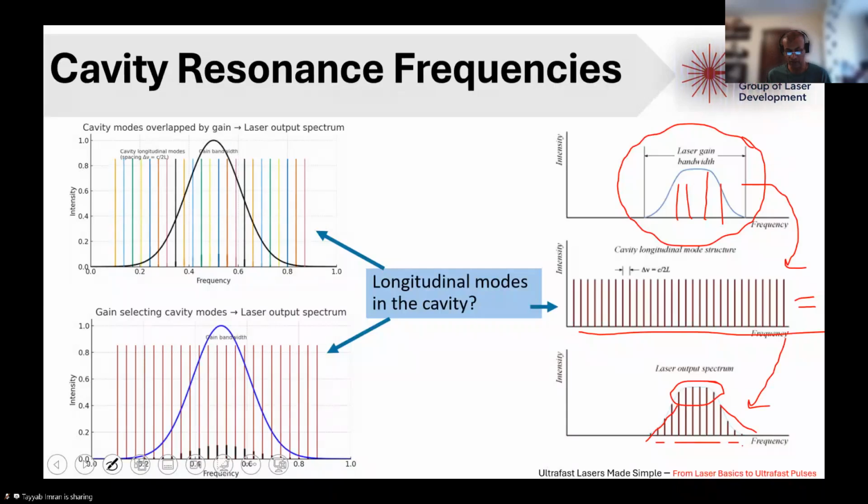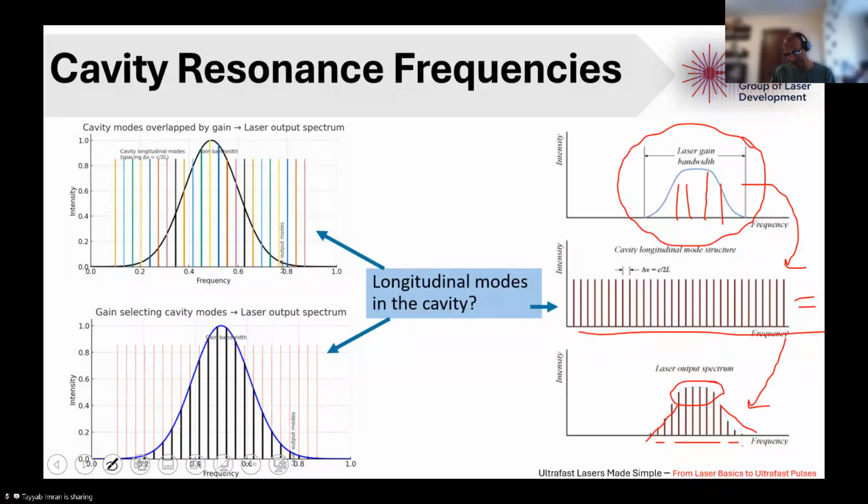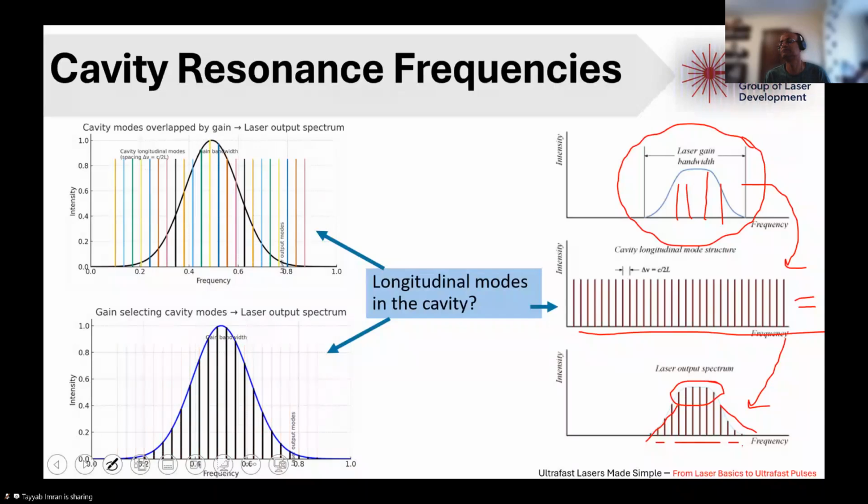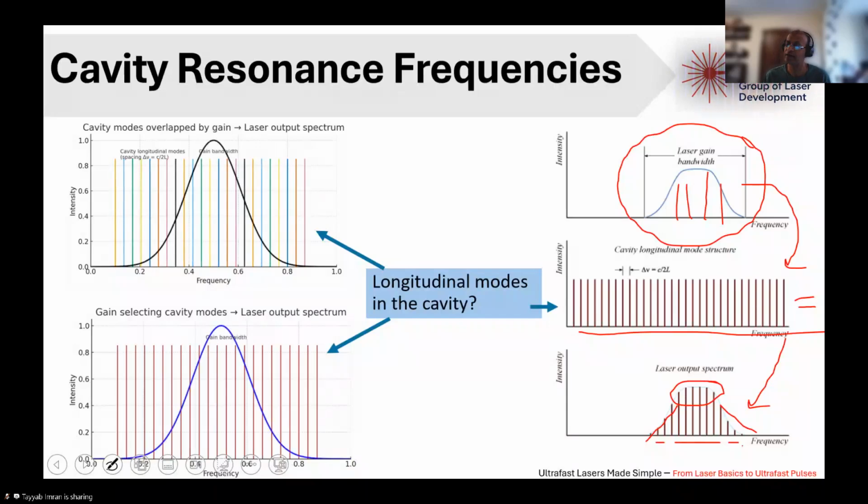Go to the left side now. This is a very interesting animation. It will help you to understand. Here you see all the frequencies and we have a gain curve. Some of the frequencies are accommodated in the black gain curve, and that is where these frequencies will oscillate and be amplified. So the narrower the gain, the fewer the frequencies; the broader the gain, the more frequencies will be in the gain curve.